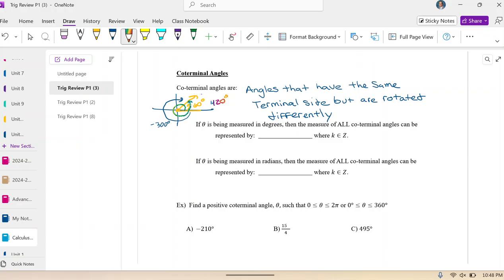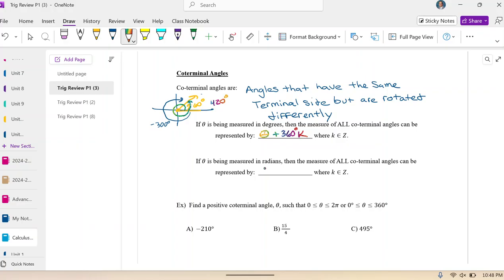So if it's measured in degrees, you can get all the coterminal angles of theta by going theta plus 360 degrees times k, meaning how many times you rotate it, whether in a positive or negative direction. So you either add or subtract 360.